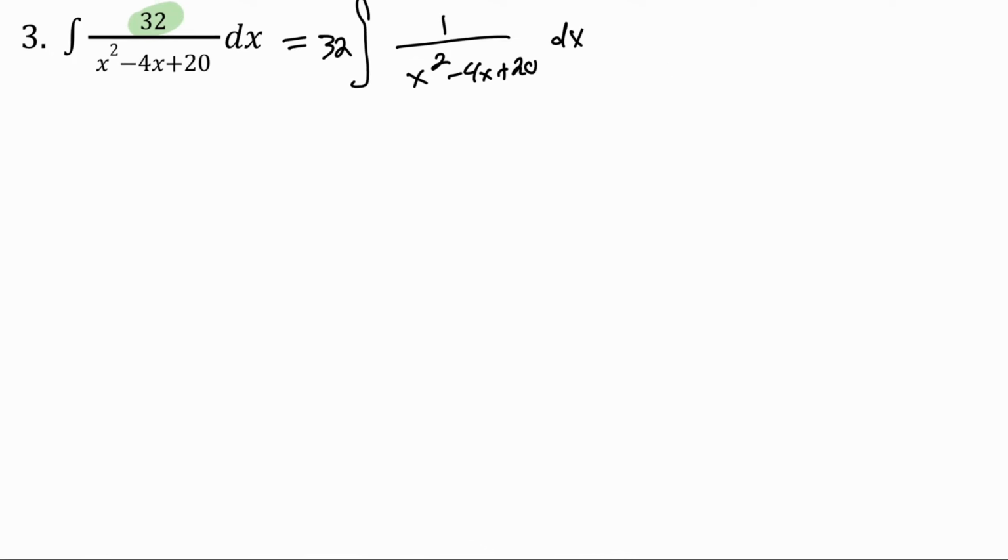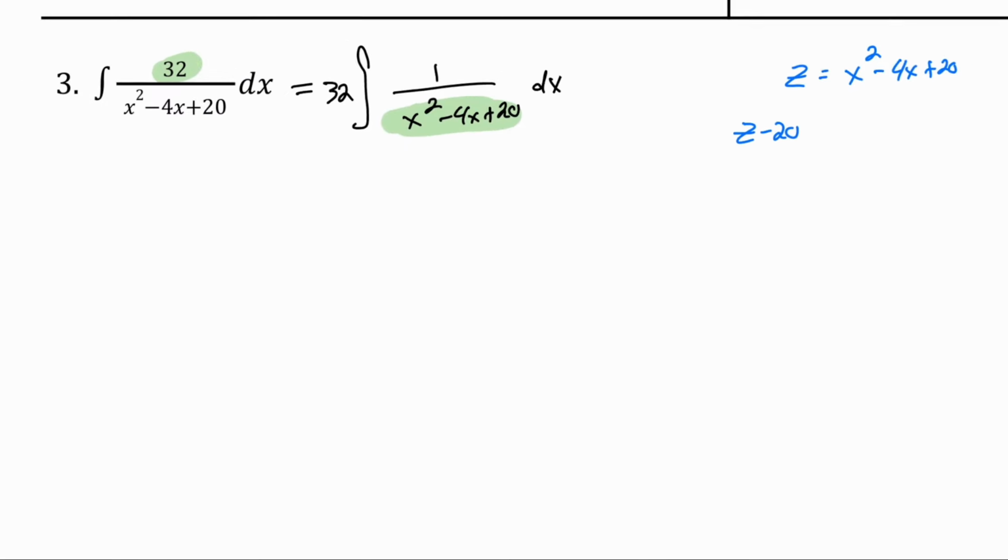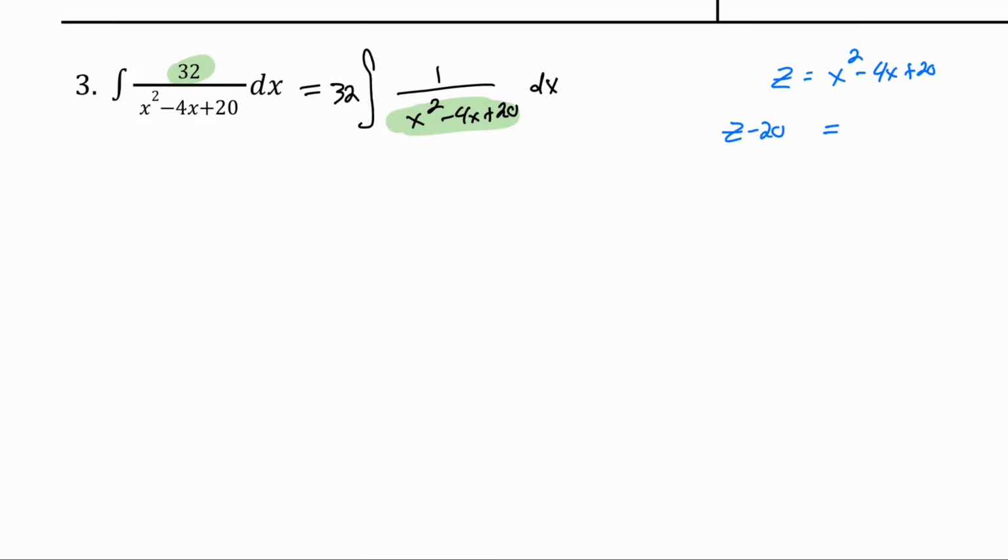And then we run into a similar situation where, okay, let's complete the square. This denominator, we can't really work with the way it is. So off to the side, we're going to make z equals x squared minus 4x plus 20. As we complete the square, we move that 20 over: z minus 20 equals x squared minus 4x.